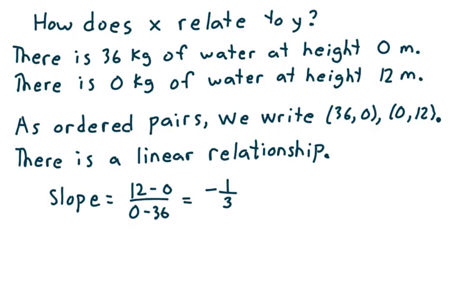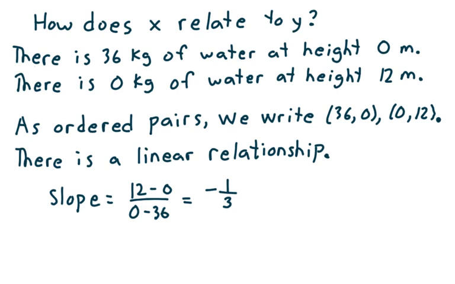Now, here's the question. How does X relate to Y? There is 36 kilograms of water at height 0 meters, and there is 0 kilograms of water at a height of 12 meters. As ordered pairs, we can write 36, 0 and 0, 12.